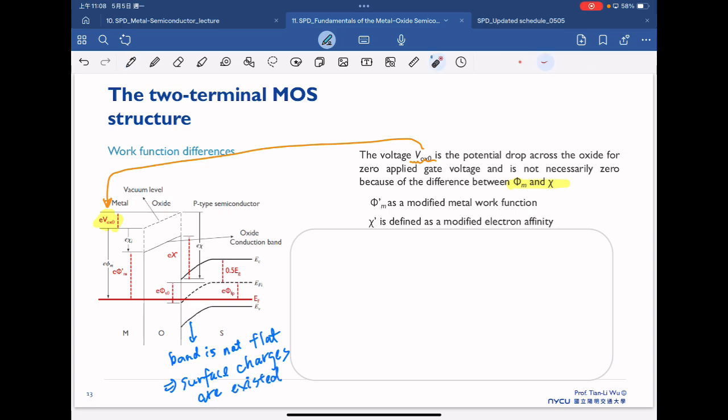So now we have phi n prime as a modified work function, and this one is a modified electron affinity.